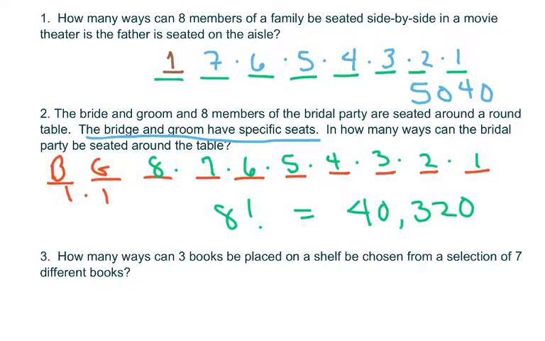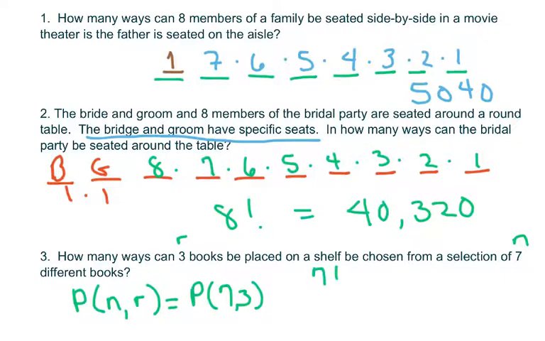Now, in this case, this is our books, 3 books chosen from a selection of n objects of 7. So basically this would be nPr, which equals 7P3, which is 7 factorial over n minus r factorial, so 7 minus 3 factorial, which is 7 factorial over 4 factorial.